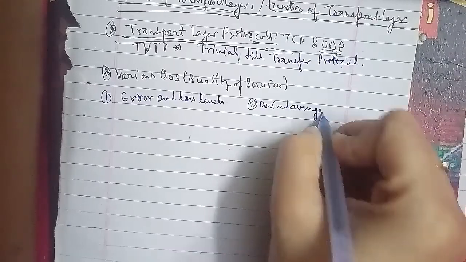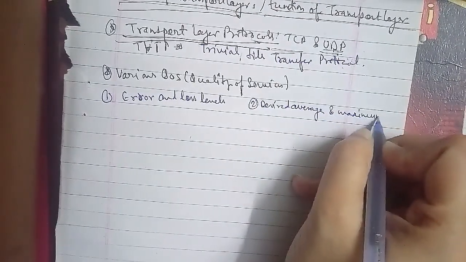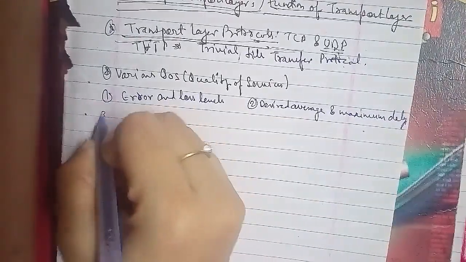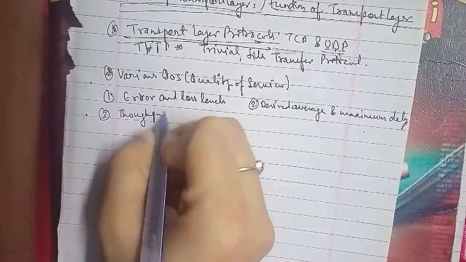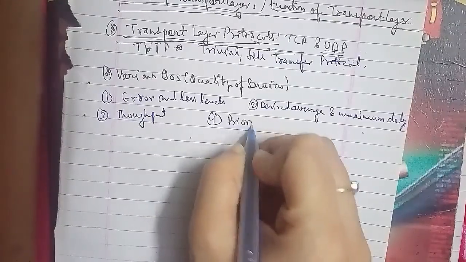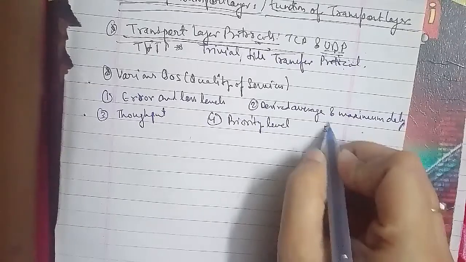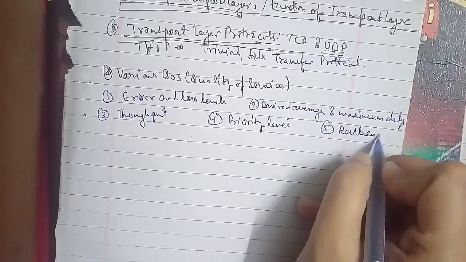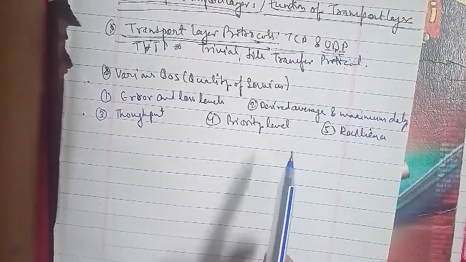These were the 5 parameters of the transport layer quality of service parameters here. The error and loss levels measure the number of lost and or garbled messages as a fraction of the total sent. The desired average and maximum delay measures the time between a message being sent by the transport user on the source machine and its being received by the transport user on the destination machine.